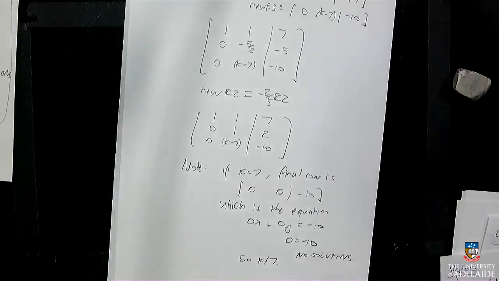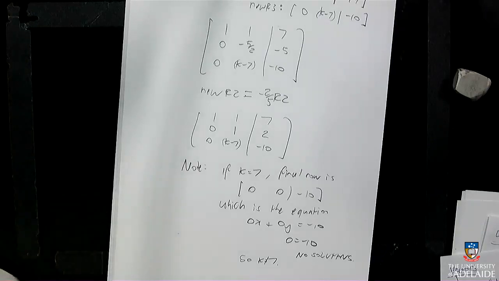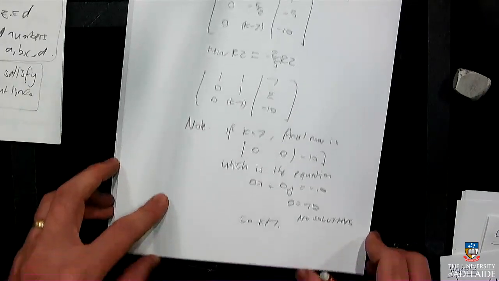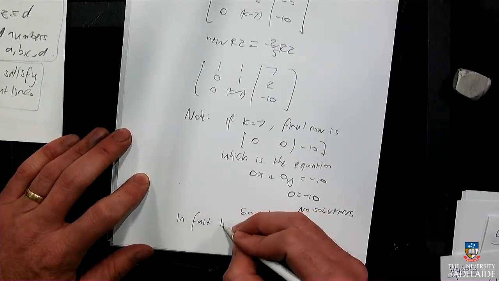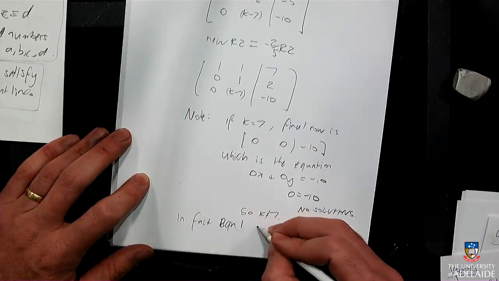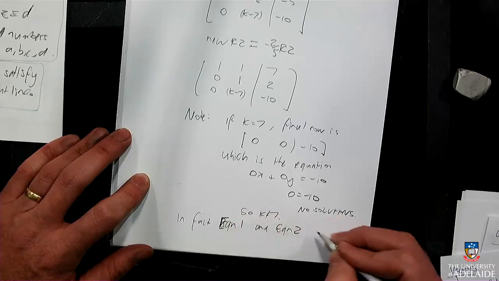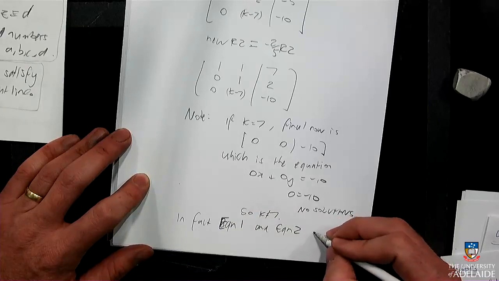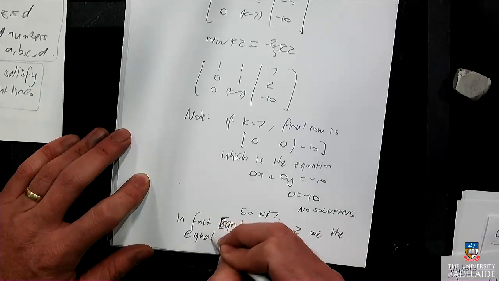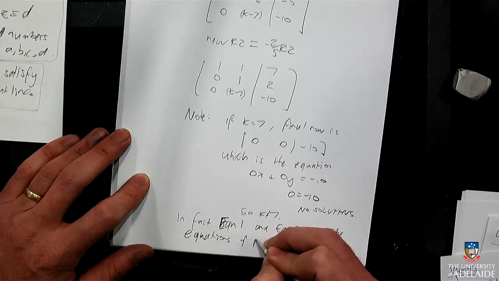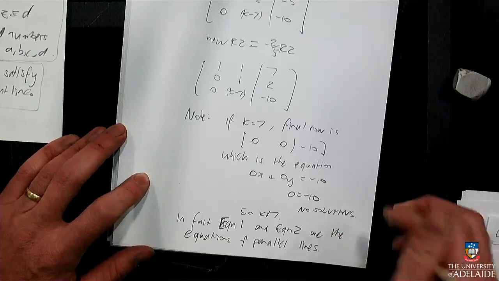So if k is 7, 2 of those lines are parallel, and so they're definitely not going to meet. In fact, equation 1 and equation 2 are the equations of parallel lines. Okay, cool.